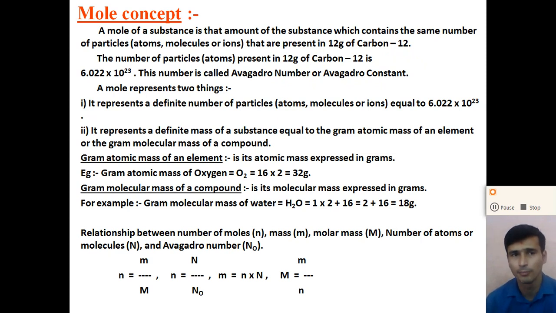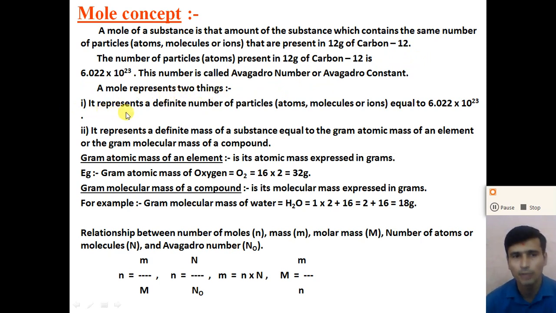And the mole of a substance is nothing but the amount of the substance which contains the number of atoms present in 12 gram carbon, right? So the number of atoms present in 12 gram carbon is 6.022 into 10 raised to 23, and this number is called the Avogadro number. So a mole represents two things.